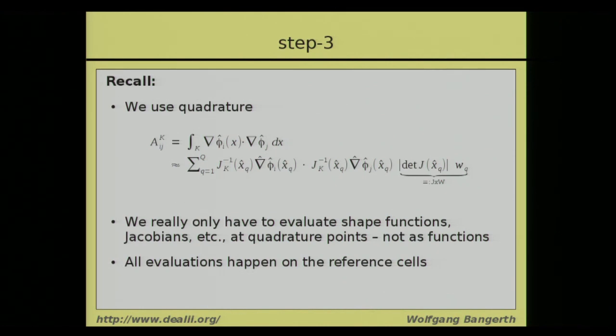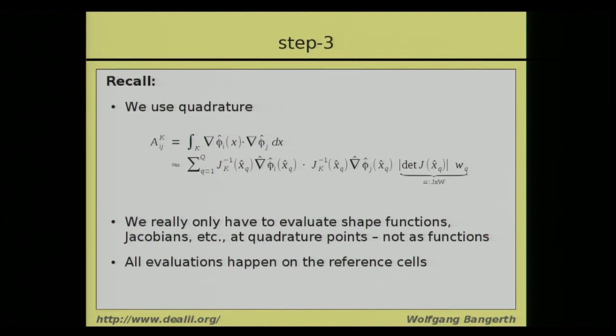A lot of the information that goes into this formula is something that we can reuse from cell to cell to cell, and there is a very structured approach to this, that a lot of the information here happens to be the same, or happens to need to be recomputed on every cell.